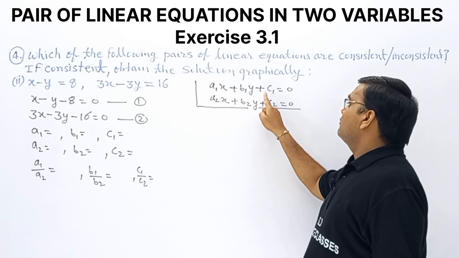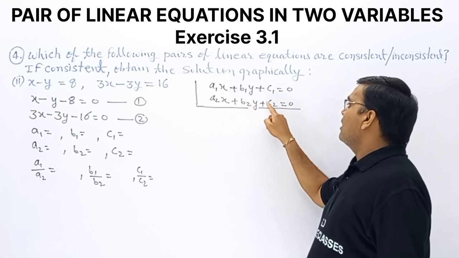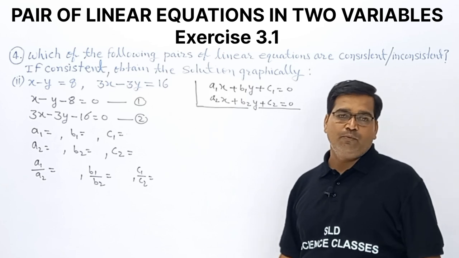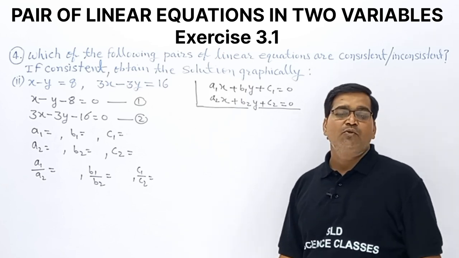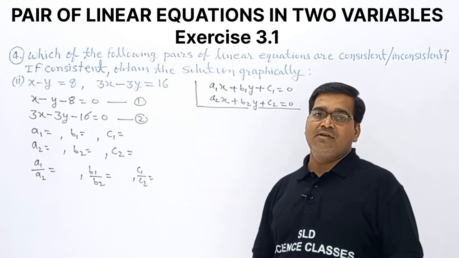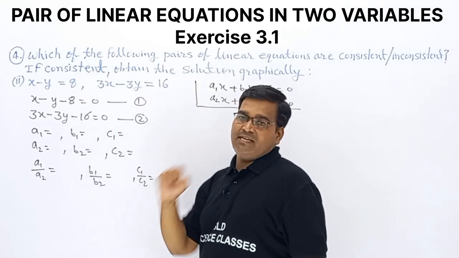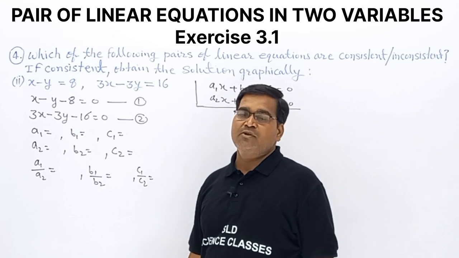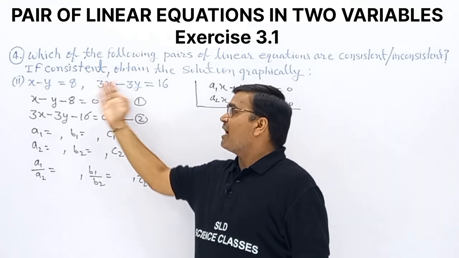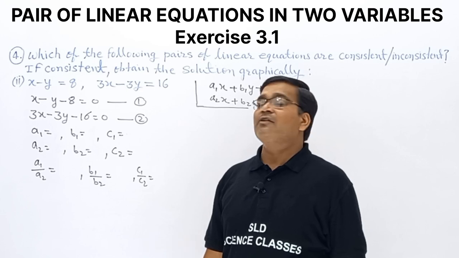a1x plus b1y plus c1 equal to 0, a2x plus b2y plus c2 equal to 0. These are the general linear equations in two variables. We have these two linear equations, so we will first write them in general form.